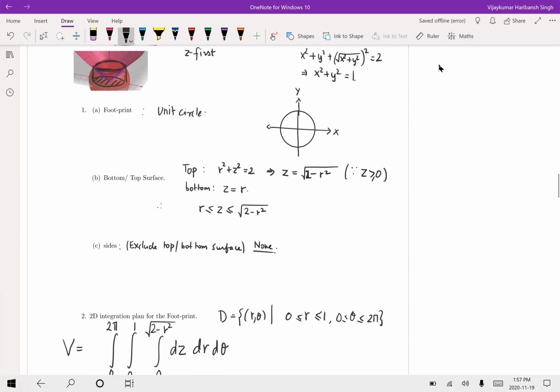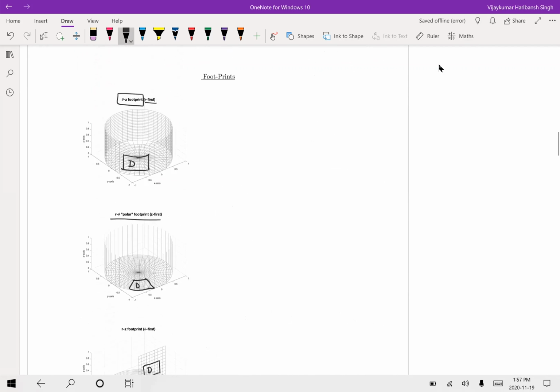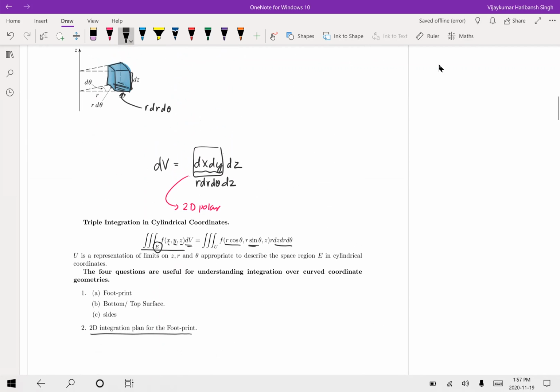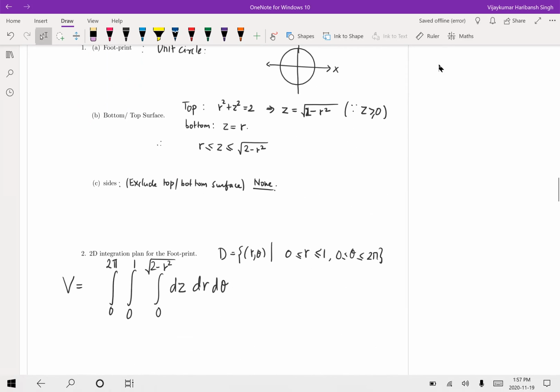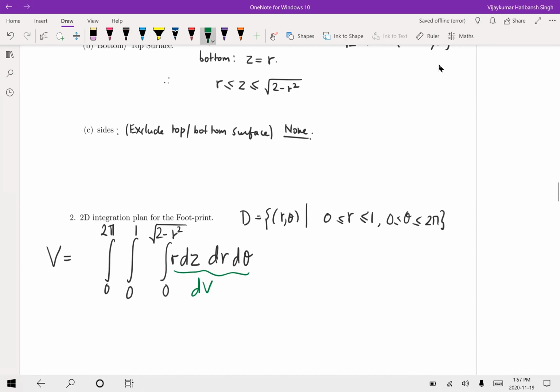Now note that for the volume element we have r dr d theta. So there's this r, right? So we have to have that extra r here. Okay, so this whole thing is dV.